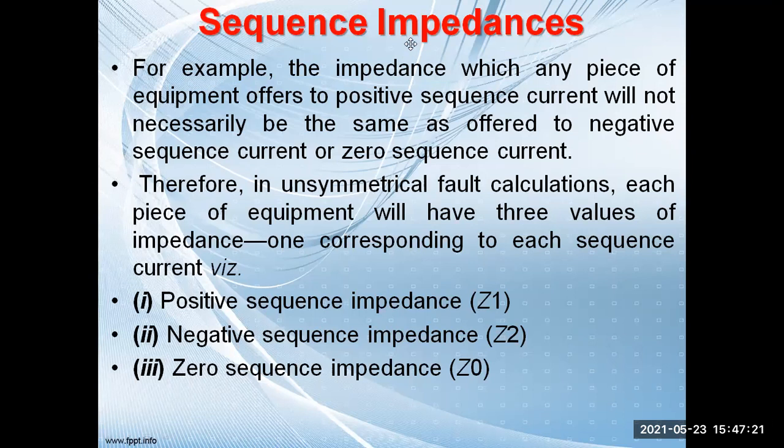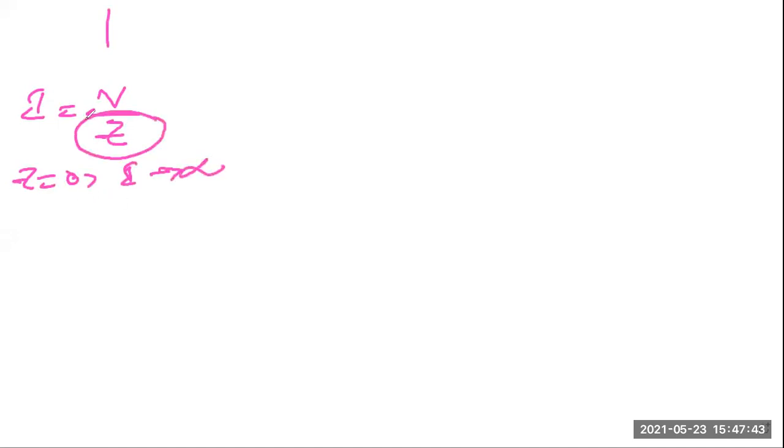Just try to understand. Current is V by Z. So if your Z is 0, what will happen? The I tends to infinity. So obviously there should be some existence of this impedance. Yes or no? Yes, sir.